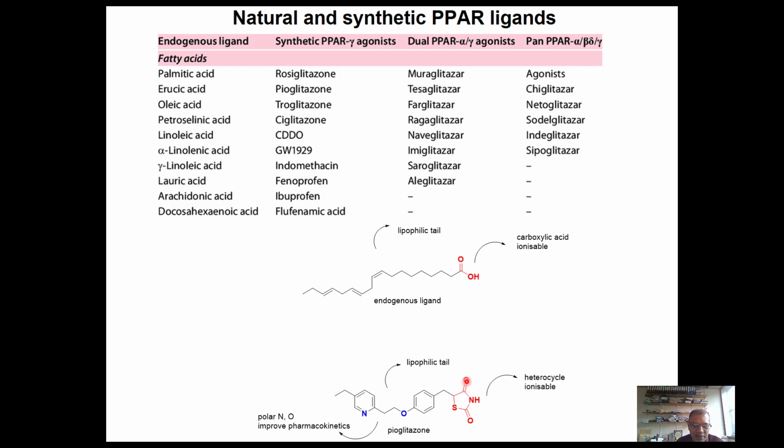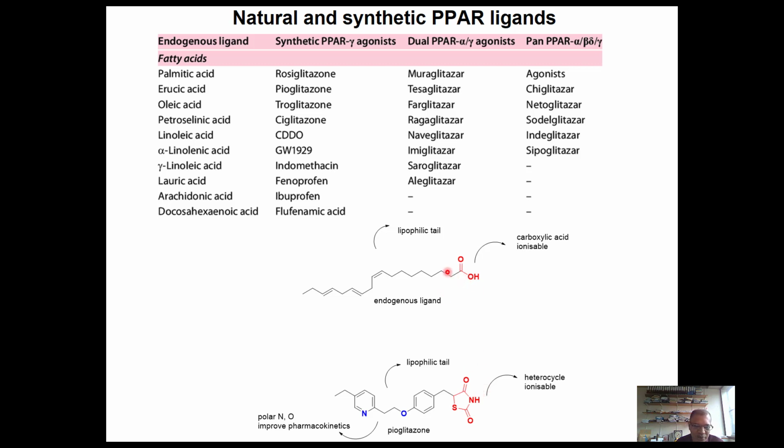And in this thiazolidinedione, this NH proton is next to two carbonyl groups, which are withdrawing electron density, and it's a very acidic ionizable proton. So this NH here within this 5-membered ring is a mimic of a carboxylic acid and designed to be ionized.